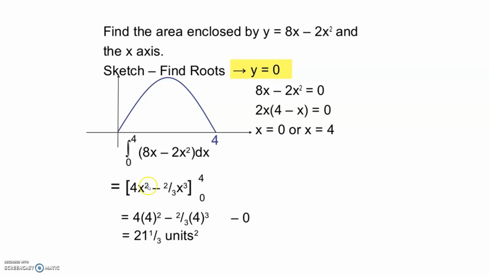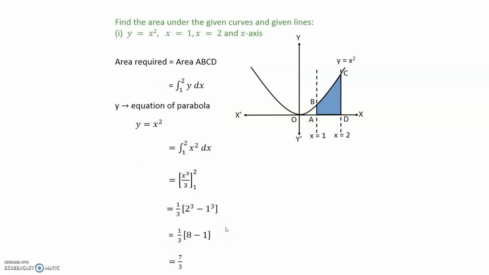Putting the higher limit 4, and then subtracting the lower limit 0, we derive 4 into 4 square minus 2 upon 3 into 4 cube minus 0. 4 into 4 square is obviously 16 into 4, 64, minus 2 upon 3 into 4 cube. So obviously we derive the final answer in the form of 21 1 upon 3 square unit.